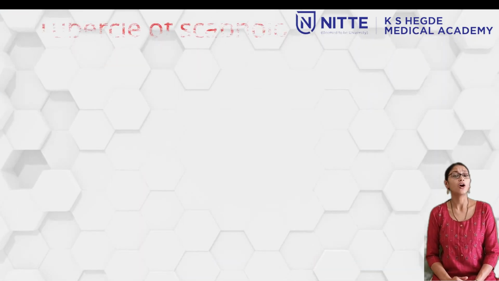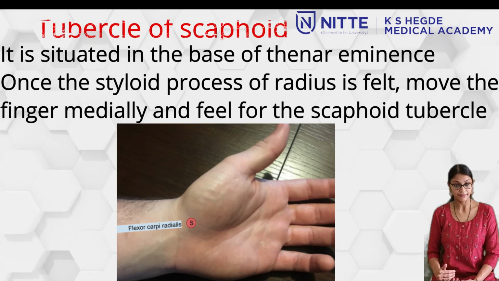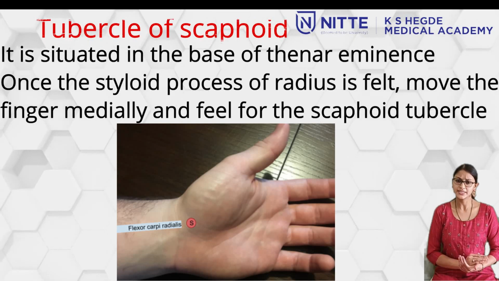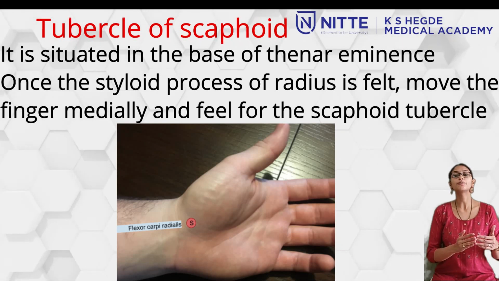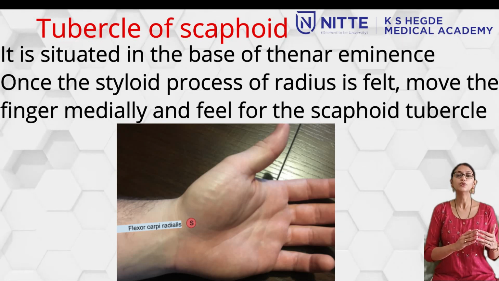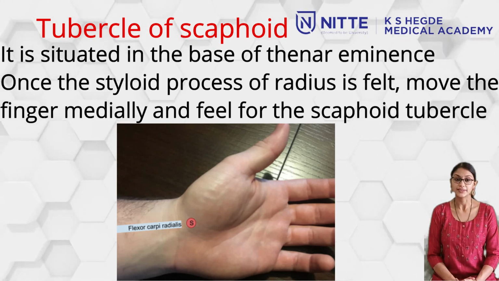The tubercle of scaphoid is situated at the base of the thenar eminence, hidden by the tendon of the flexor carpi radialis muscle. Once the styloid process of radius is felt, move the finger medially and feel for the scaphoid tubercle.